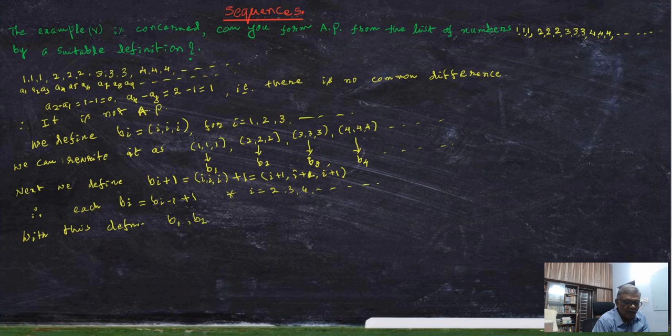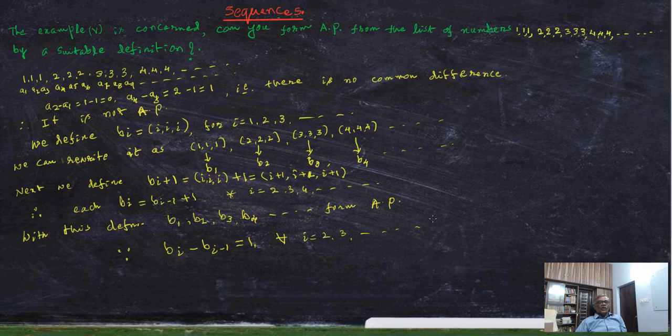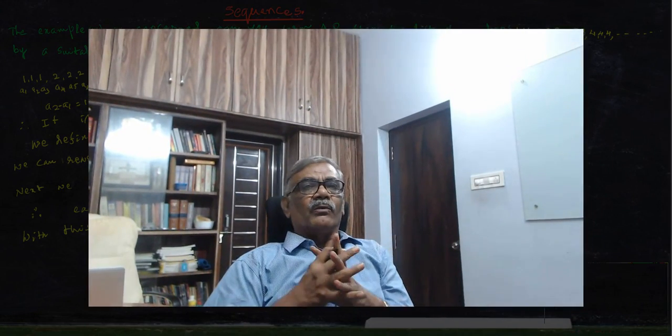And therefore, with this definition, B1, B2, B3, B4, etc. form an AP. Now you can see, because Bi minus Bi minus 1 is equal to 1 for every i equal to 2, 3, 4, etc. Therefore, in this way, from the given sequence we can find a new sequence which forms an AP.